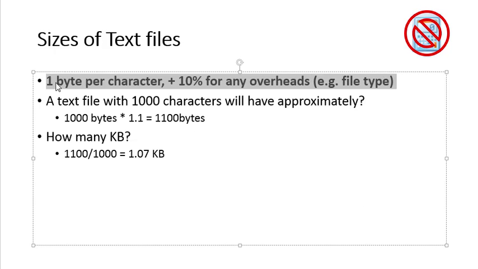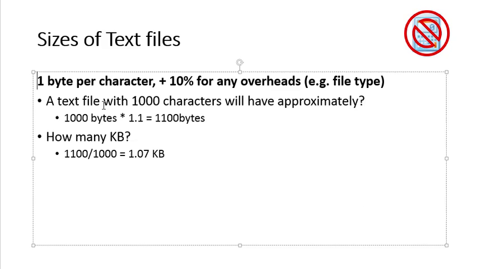That's my formula, if you like. So for a 1000 byte file, 10% of that will be 100. Adding 10% onto the 1000 gives me 1100 bytes.